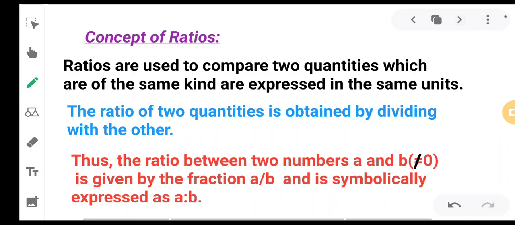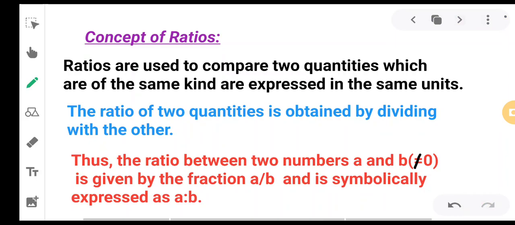Ratios are used to compare two quantities which are of the same kind and expressed in the same units. The ratio of two quantities is obtained by dividing one by the other.